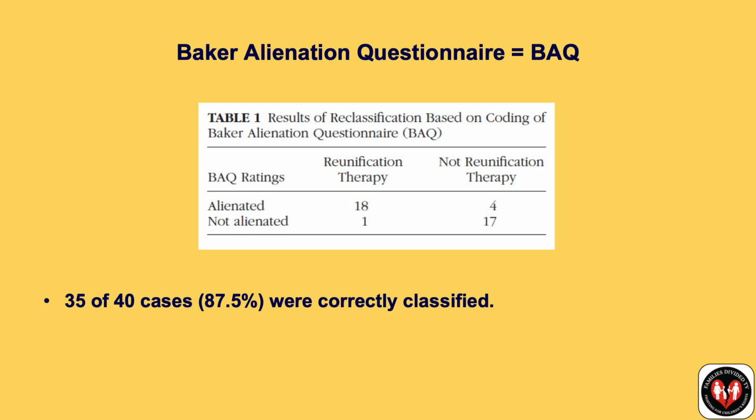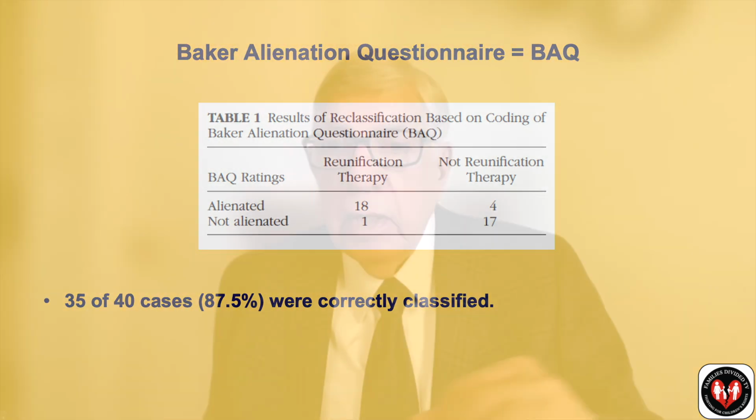But anyway, the bottom line is in this slide where it says 87% of the cases were correctly classified with this little quiz called the Baker Alienation Questionnaire. So nobody's suggesting that that questionnaire can be used all by itself to diagnose parental alienation, but it could be one part of a comprehensive evaluation.